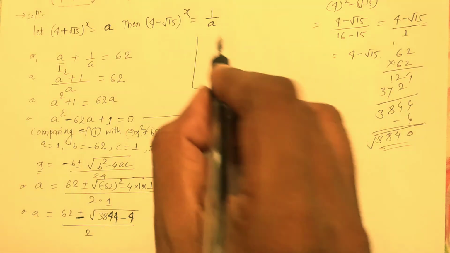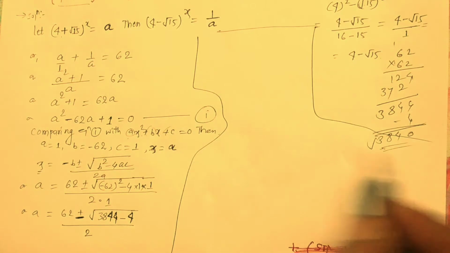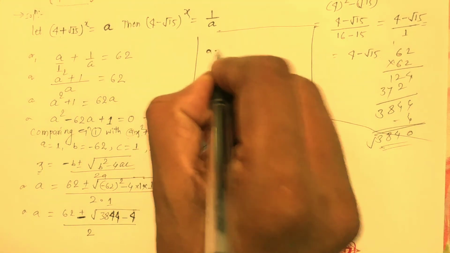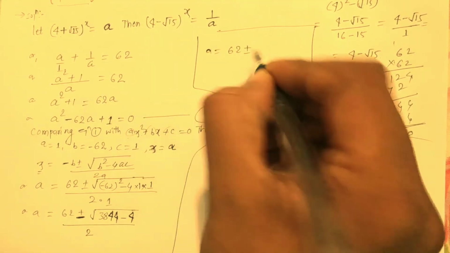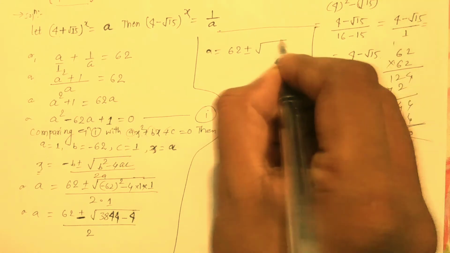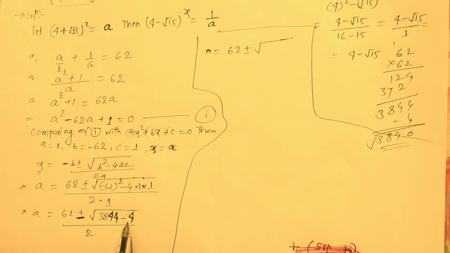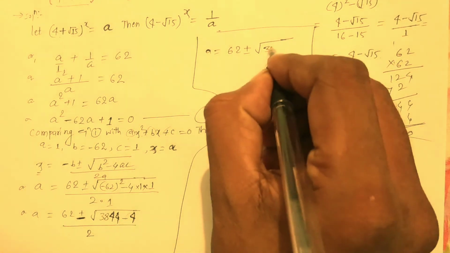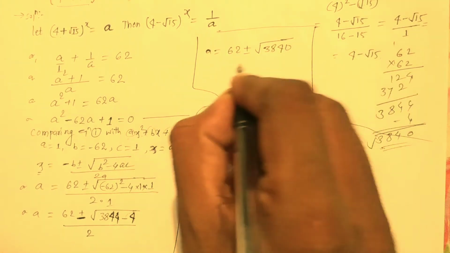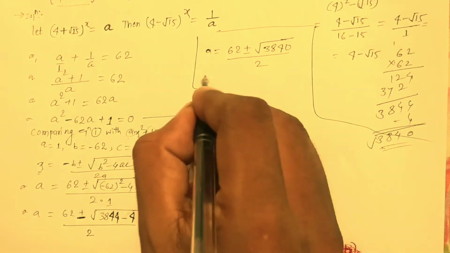Now I am going to solve it. Subtracting 4 from 3844, we get 3840, divided by 2.